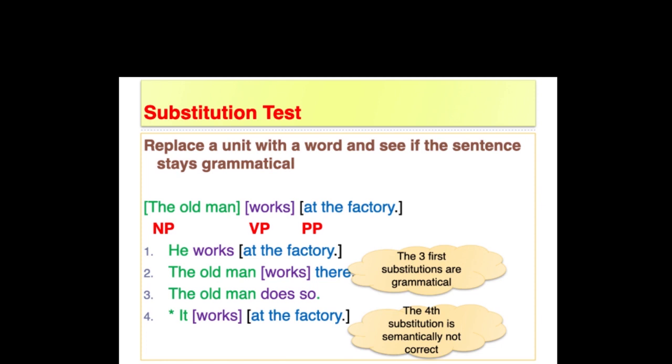Which means that syntax, also the grammaticality of syntax, doesn't come only from structure rules or phrase structure rules, but it comes also from lexical rules, okay? Rules of semantics, rules of meaning. So that's why we consider that the fourth substitution test is not possible.